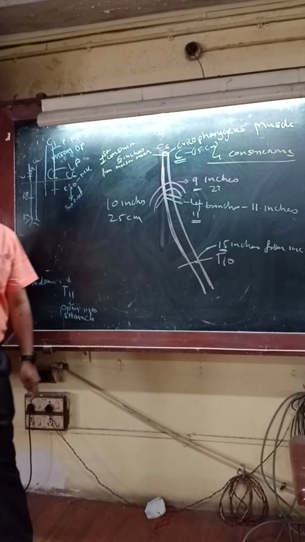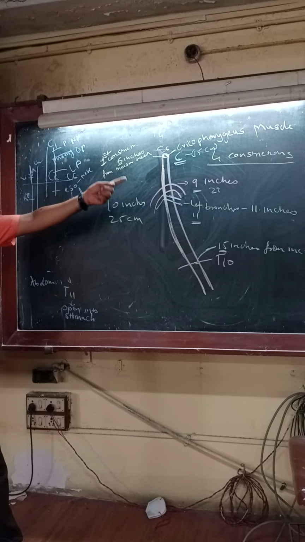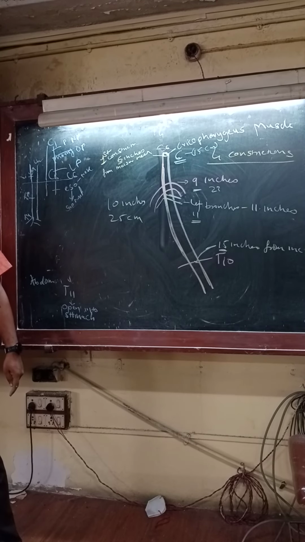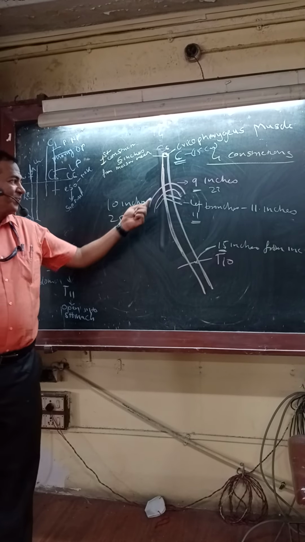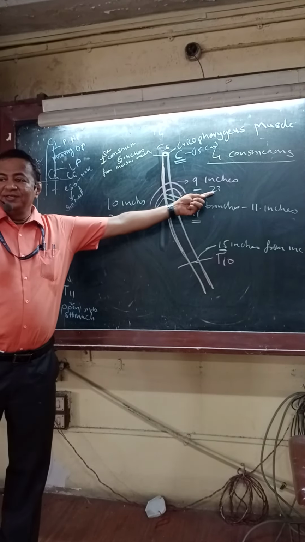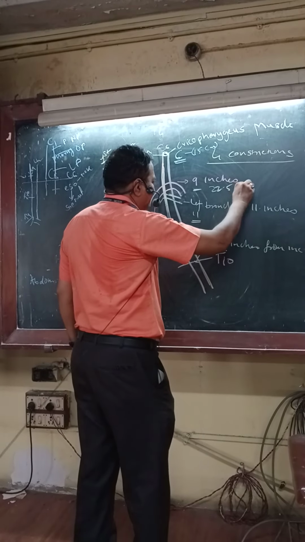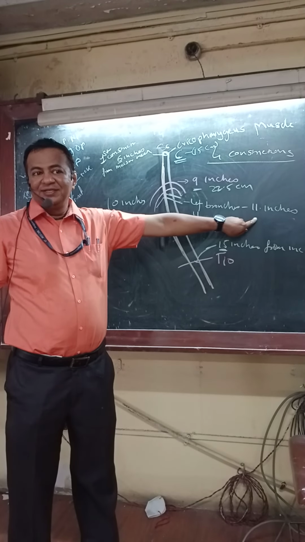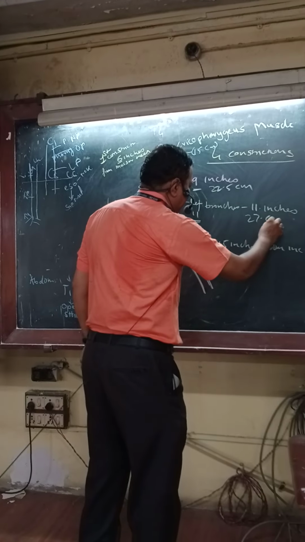How much is 10 inches? So quickly you all did it. Okay, fine. So this is how much? 22.5 centimeters. 11 inches is 27.5 centimeters.